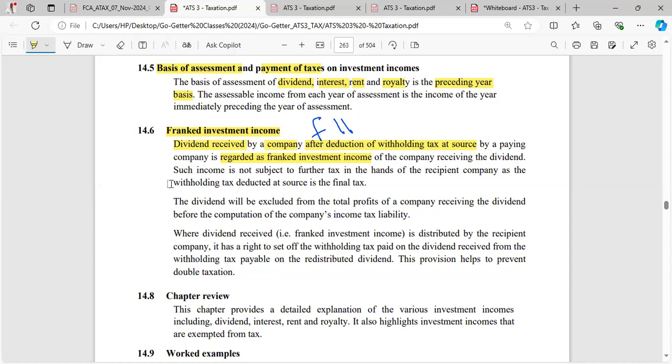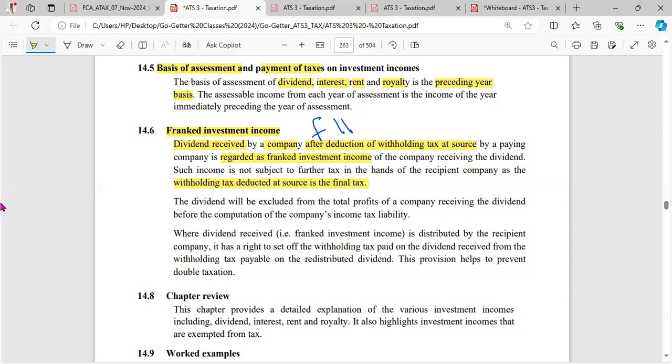And the withholding tax deducted is the final tax, because income tax has been suffered at the first instance, and when it is coming to you, withholding tax is affected.